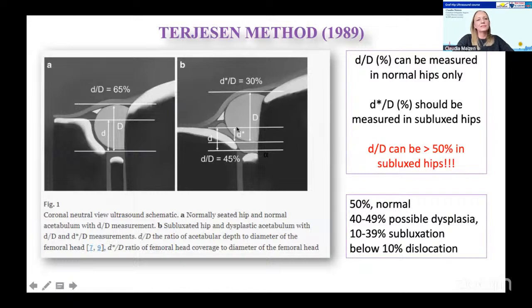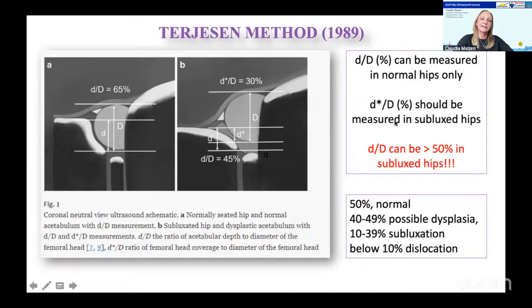Important to say is that if a hip is now subluxed out of the hip joint, it is possible, if you measure these two areas, the diameter of the femoral head versus the depth of the acetabulum, that you get 50-50 between the depth of the acetabulum and the uncovered part of the femoral head, even in a subluxed hip.